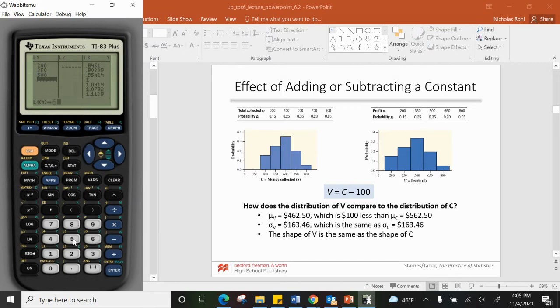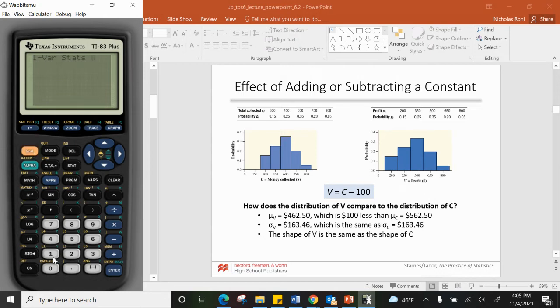500, 650, and 800. And 0.15, 0.25, 0.35, 0.2, 0.05. So I have the variable in one, and then the probabilities in the other. I'm now going to go to Stat Calc, and I'm going to do 1-Var Stats.